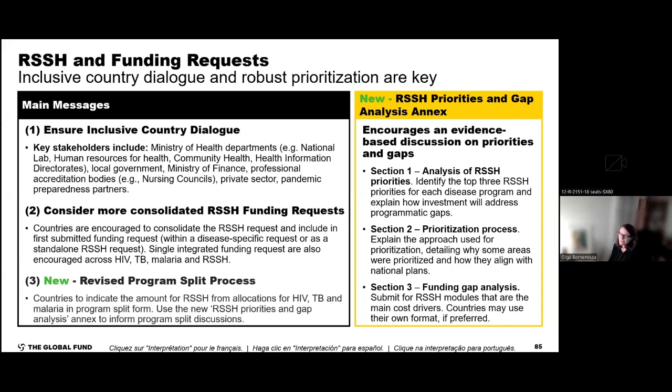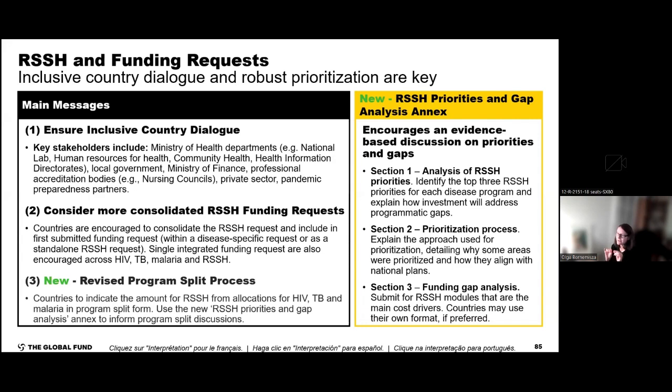So going back to what I was saying a little bit earlier around the country dialogue, we've created this new annex because we want to make sure that all of the disease communities buy into the RSSH investments. So we've laid out a process in this annex, and you have to now fill in the annex with the funding request. So it's basically three sections.